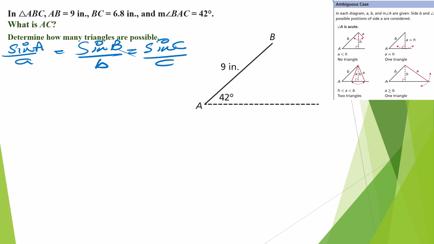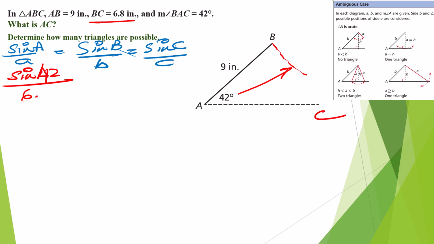Okay. Now replace. Sine A is given to us, that is 42, and small a is this one, that is BC, which is given to us as 6.8. Sine B we don't know, and the side opposite to it we also don't know.